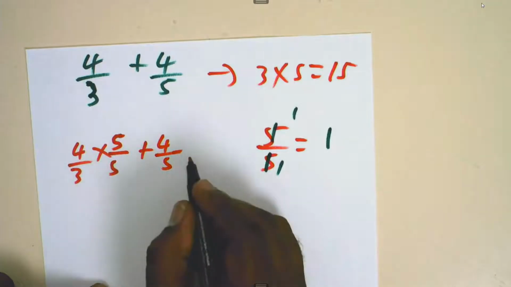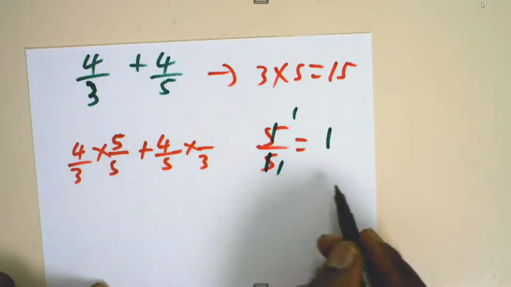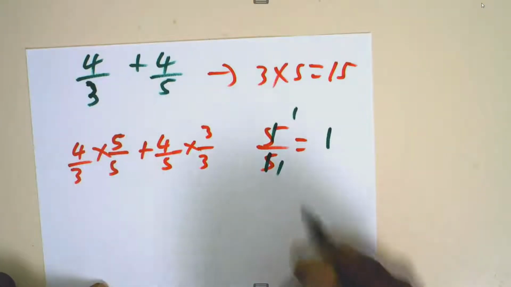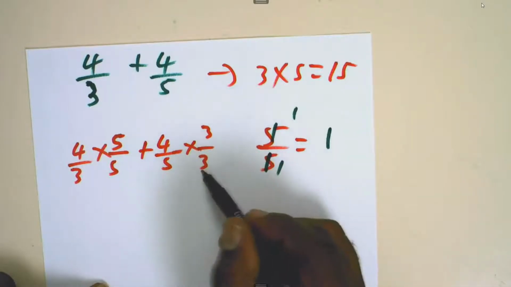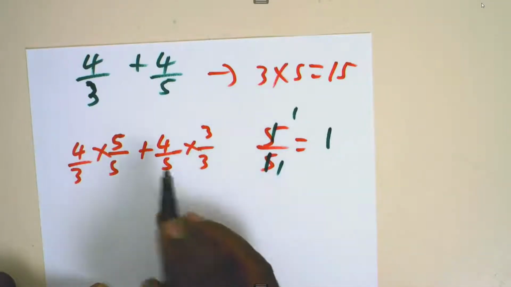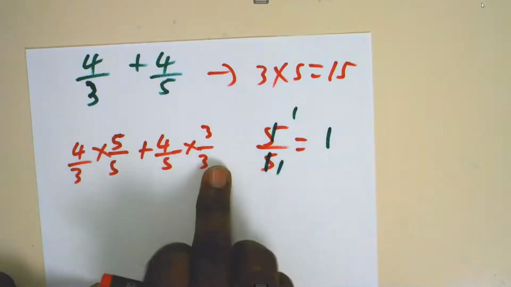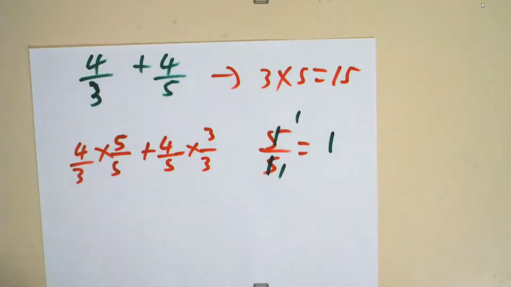If you want to make it 15, you multiply it by 3. Same applies there. You also say 3 on top, and 3 into 3 is 1. So mathematically, this has not changed. It's still the same because 3 over 3 is 1. So this remains the same. 5 over 5 is 1. So it remains the same.